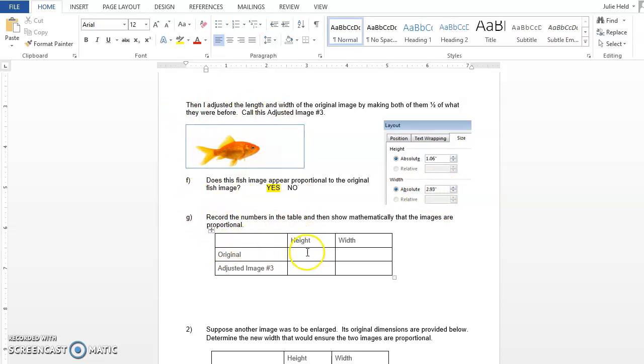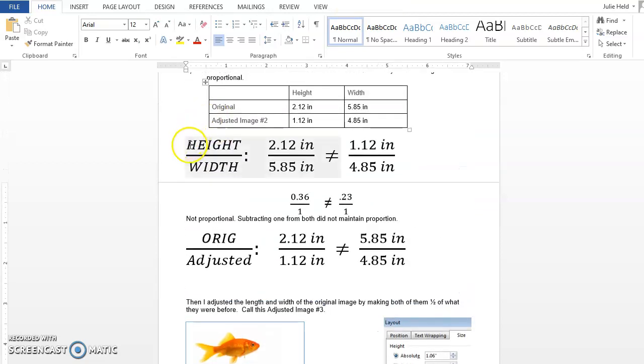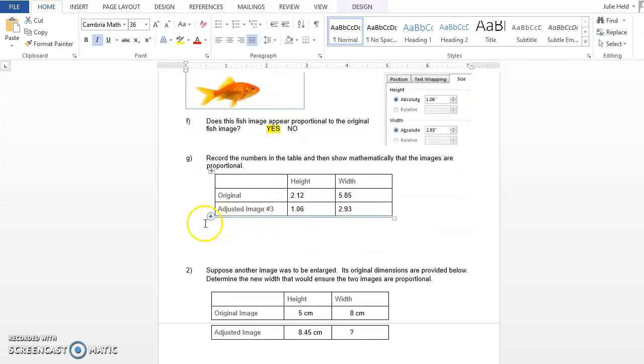Now, when I put those in, let's just keep track. The original height and width were in inches, 2.12 and 5.85. Now we're at 1.06 and 2.93 inches. So I'm going to steal my ratios up here so that I don't have to type so much.